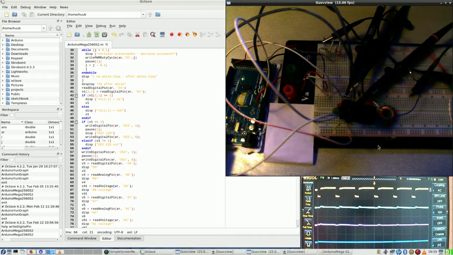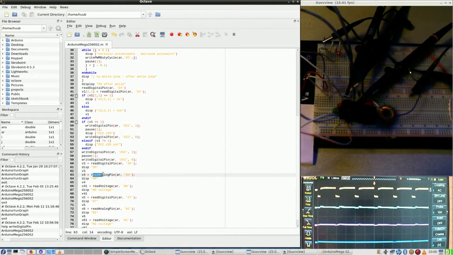Alright, so two strange things now. First I have here read analog pin A0 and read voltage, reading both the same pin, A0, which is analog input. Same for read analog pin A1 and read voltage A1, both the same pin, analog input.